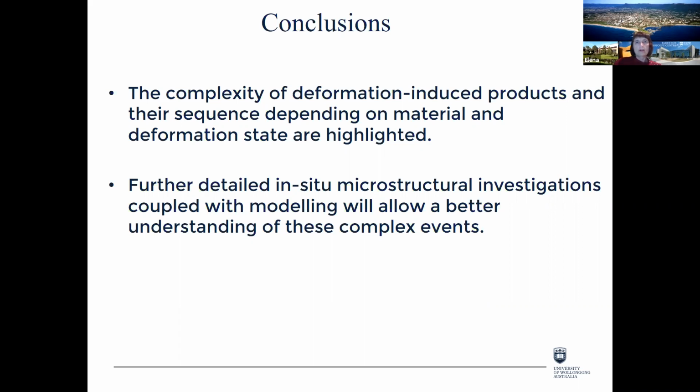So this is a really fascinating area of research, and I believe that a lot of further research in this area that will combine in-situ characterization with modeling will give us a better understanding of operating mechanisms.